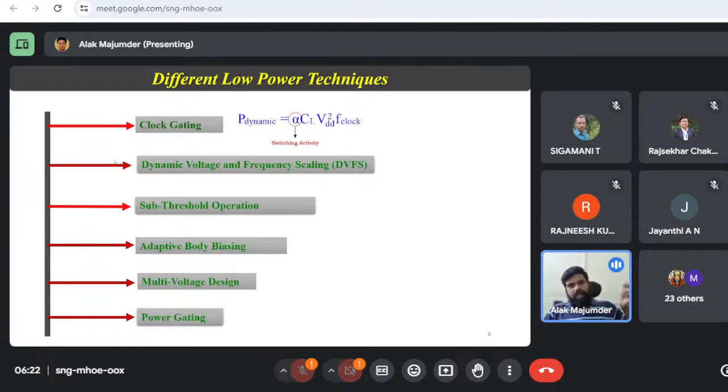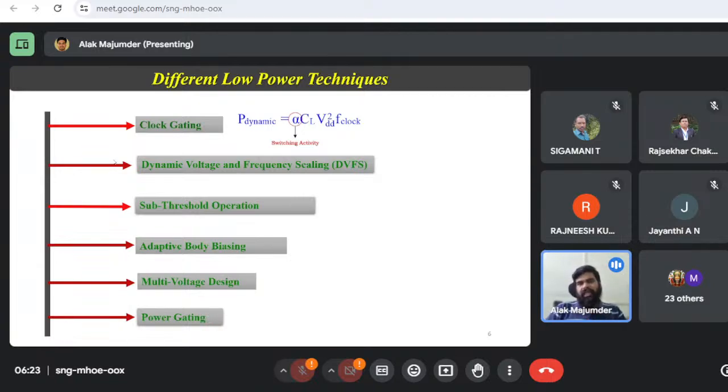So there is a control circuit which can understand which subsection of my circuit is performance dominant, and which subsection of my circuit is basically focusing on power. So accordingly, we can dynamically scale my voltage and frequency. But the problem in this method is your controlling circuit becomes huge. So for any small logical core, because your controlling circuit is large, combining both, your effective power dissipation becomes huge.